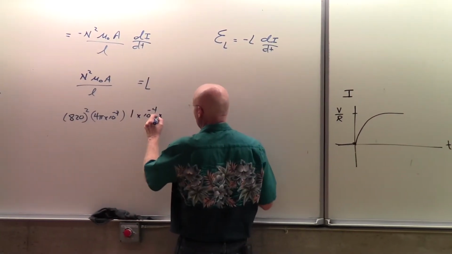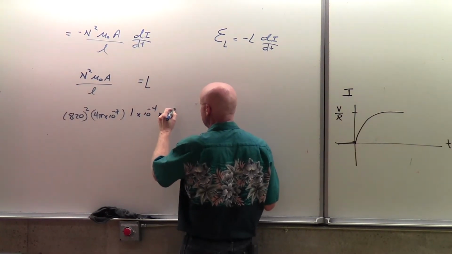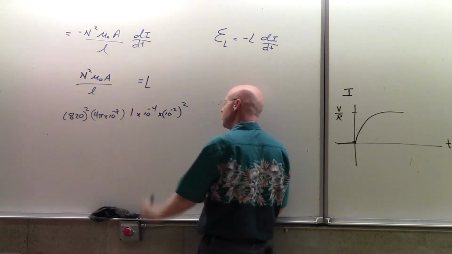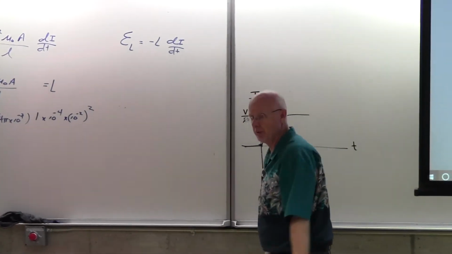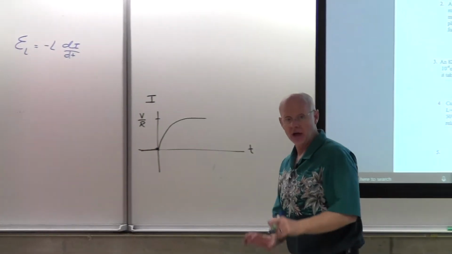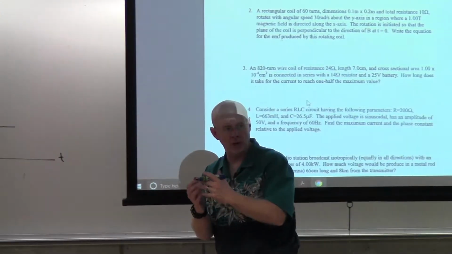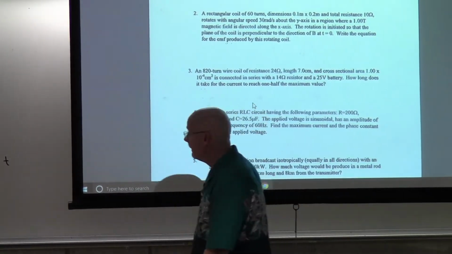So that centimeter squared would make another 10 to the minus 4 in terms of square meters. So here's one where you always want to be careful with your units there.